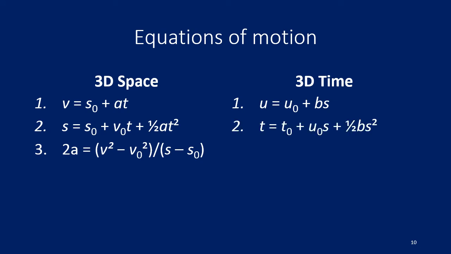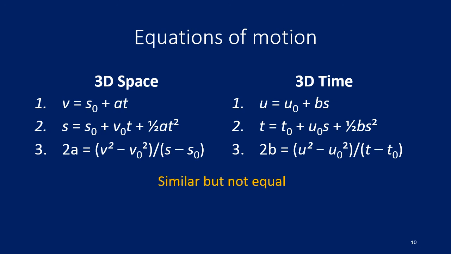And they look very similar because they have the same form. And the method of deriving them is quite similar as well. But the point is that they're not exactly equal. Unlike the pace and the speed, they're not inverses or anything like that. You can't get directly from one to the other, but they are similar in form.